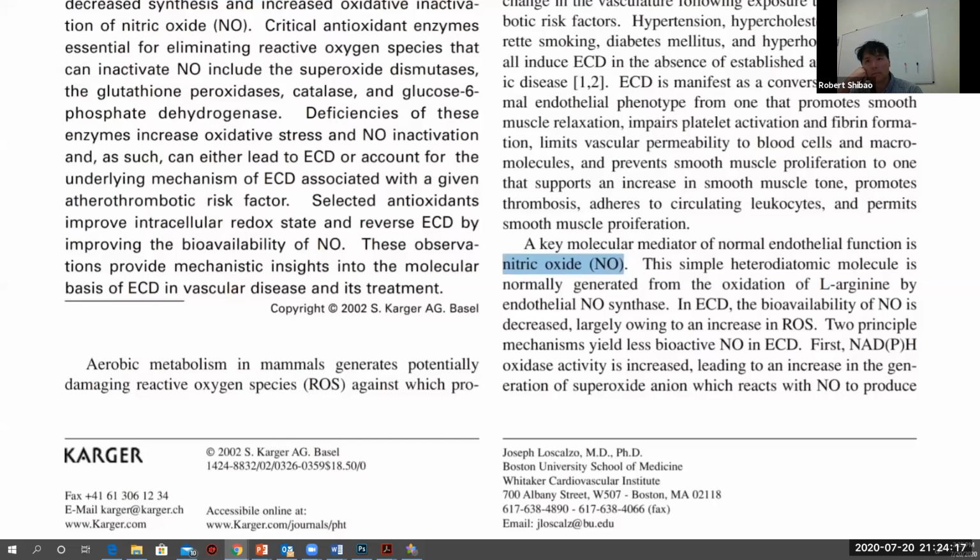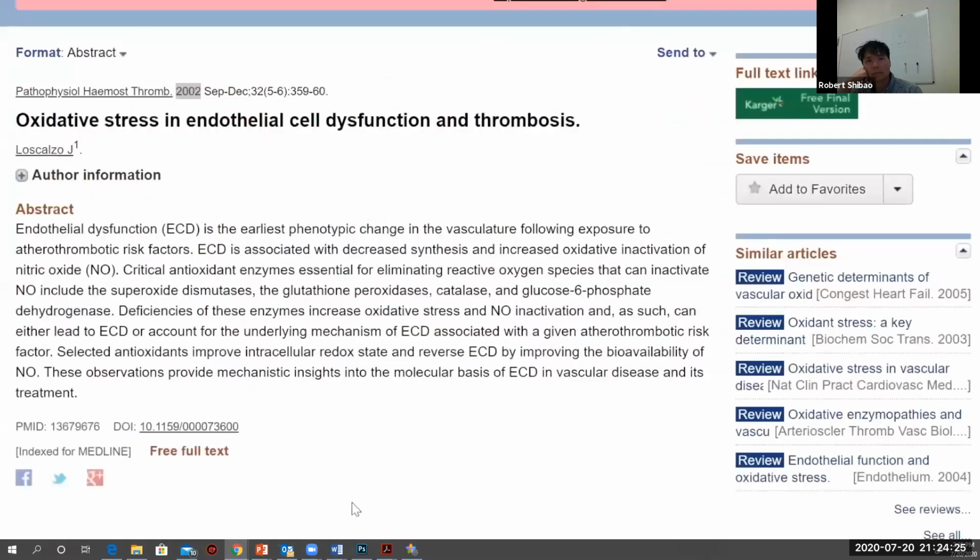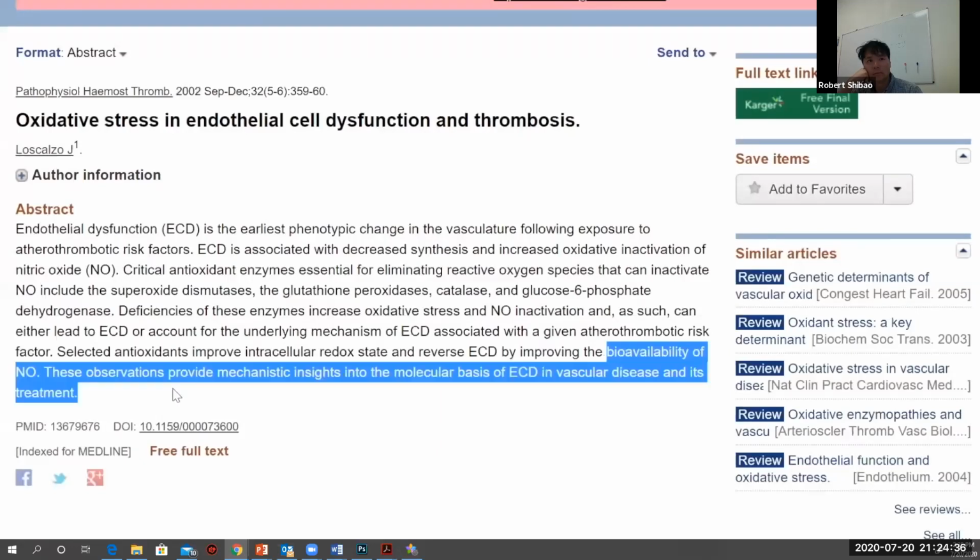And so we've gone over this stuff before, but the focus of today's talk is thrombosis. And so there are well-established papers taking endothelial dysfunction, or ECD, and connecting it with thrombosis. And it also connects it through the bioavailability of nitric oxide.